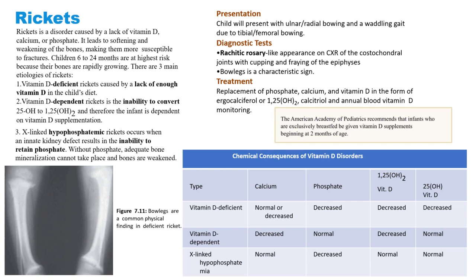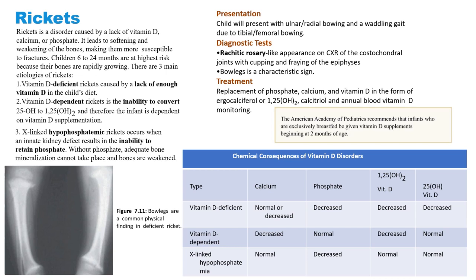Rickets is a disorder caused by a lack of vitamin D, calcium, or phosphate. It usually leads to softening and weakening of the bones, making them more susceptible to fractures. Children 6 to 24 months old have the highest risk because the bones are rapidly growing.